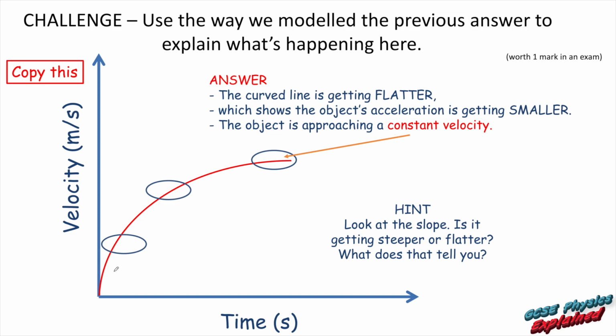All right. Remember, the flatter the line, the smaller the acceleration. And in actual fact, at this point here, it's completely flat, which means the acceleration is 0. In other words, constant velocity. All right, so we're putting that information together in order to answer questions like that.